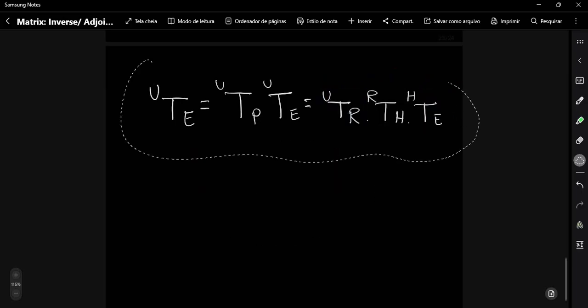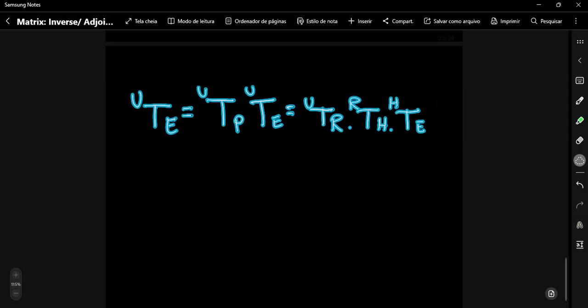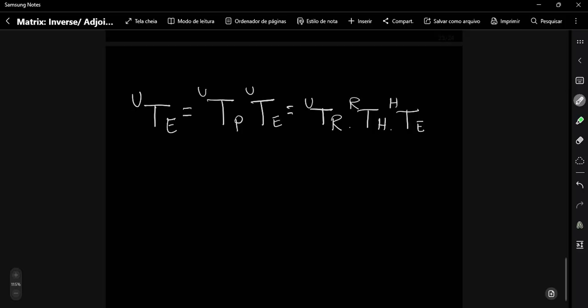And as I said at the beginning of the video, we have learned how to calculate the inverse of matrices because we use them to simplify these equations.